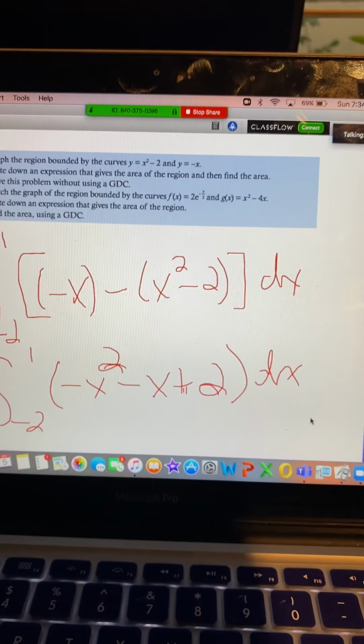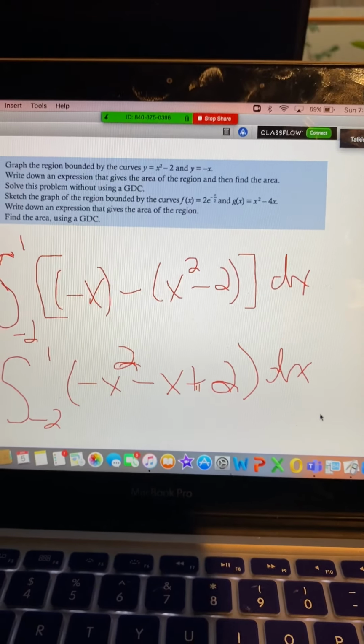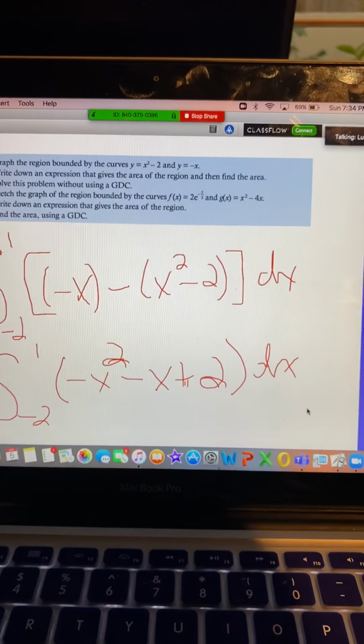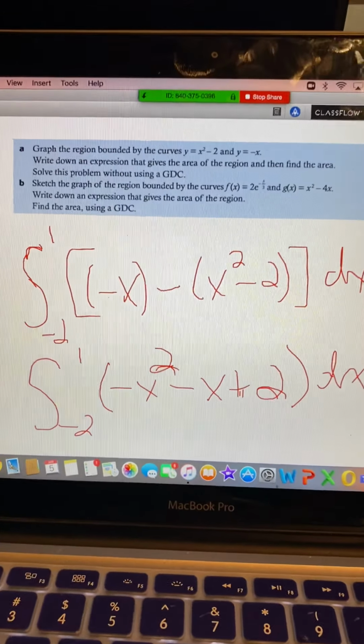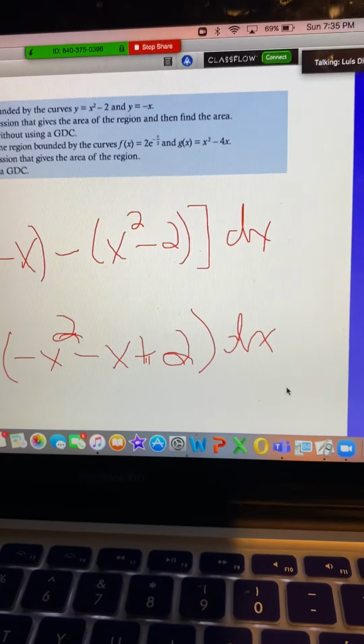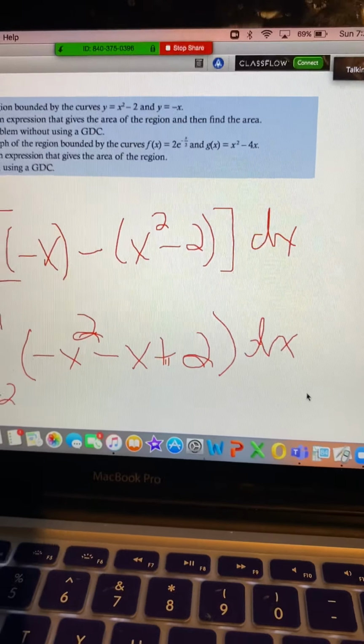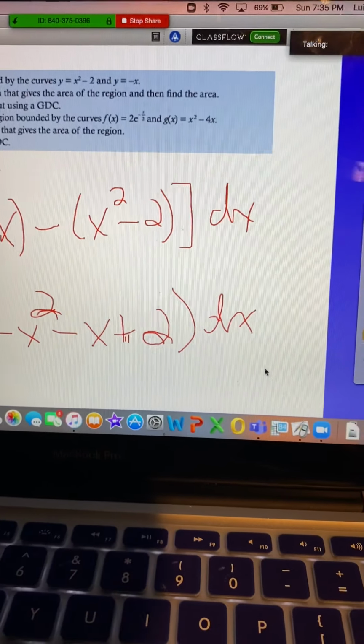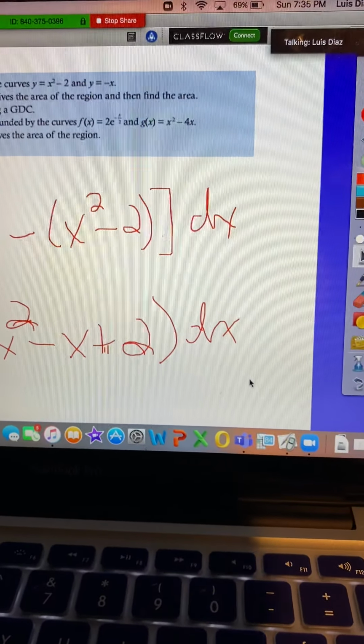Now, what I have to do is basically just solve the integral. Now, we know what the integral is here. So since I don't have a lot of room here, I am going to clear this and then continue from here.